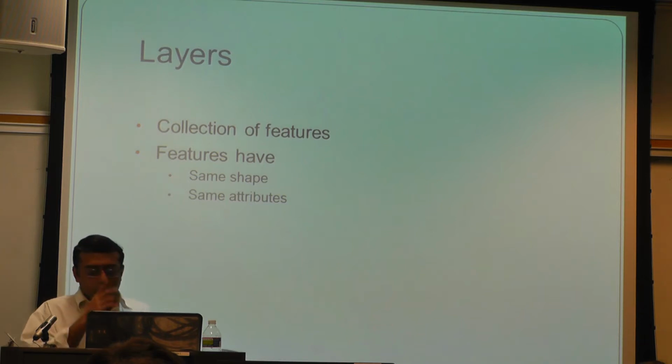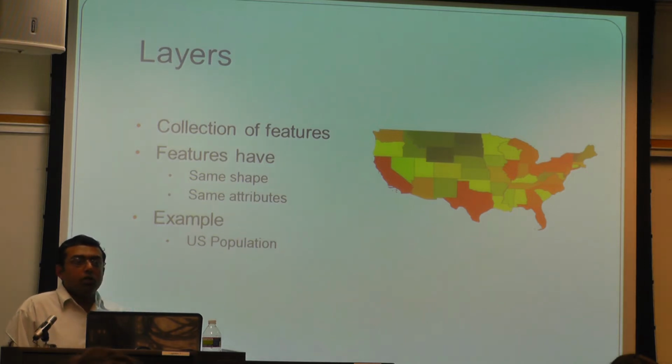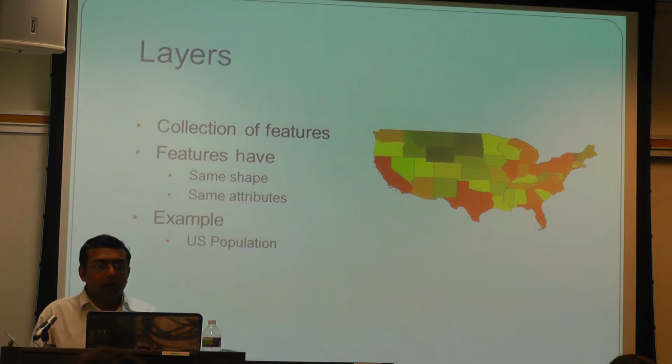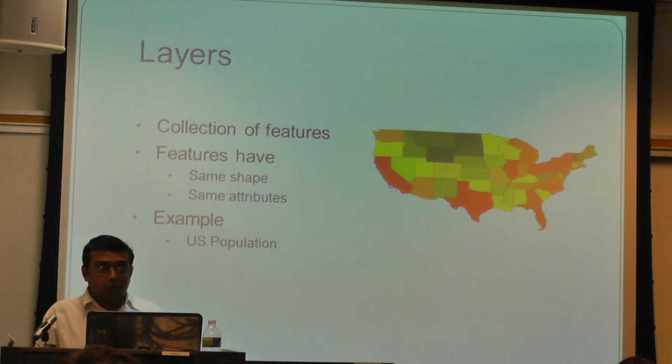It's best to do this through an example. So think of the example that I showed you earlier, which is a map of some distribution of US population. This is a map that has polygon as its feature. It has an attribute, namely that of population, and it has latitude and longitude coordinates such that it looks in the shape of the US map.